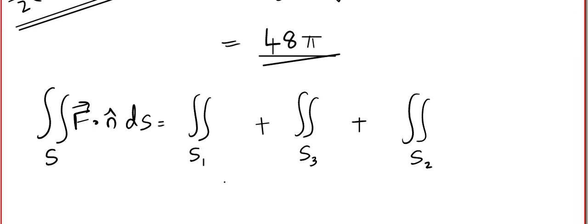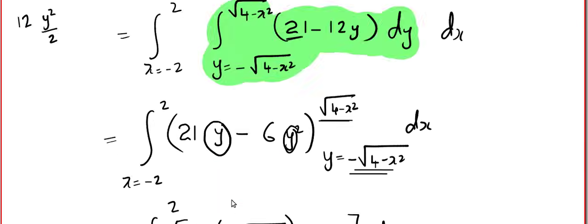So that will be 36 pi plus 48 pi plus 0. You can use the calculator and do the addition, or just add 40 and subtract 4. So that will be like 88 minus 4, that will be 84 pi, which is equal to the left hand side.